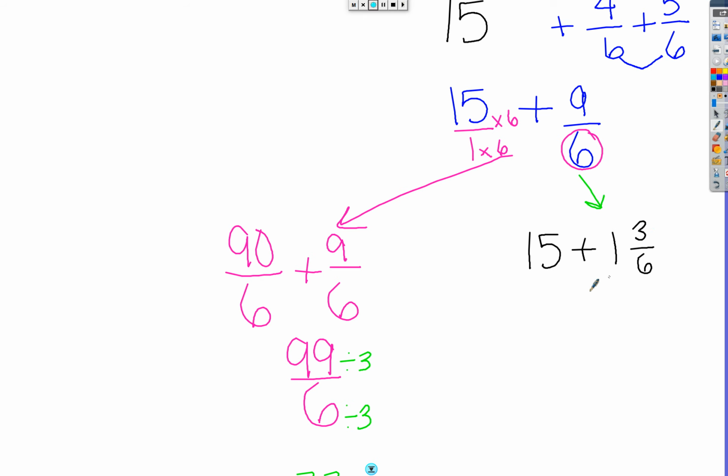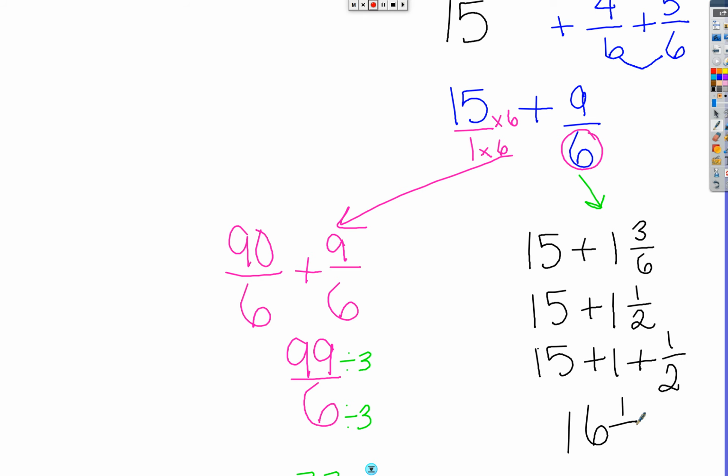And then from there, we even could simplify 3/6 to 1/2. Then we can use decomposition of this fraction to then give us 16 and 1/2. Okay, so the answer either way is going to be 16 and 1/2.